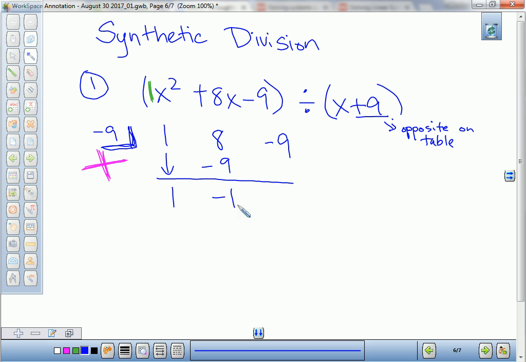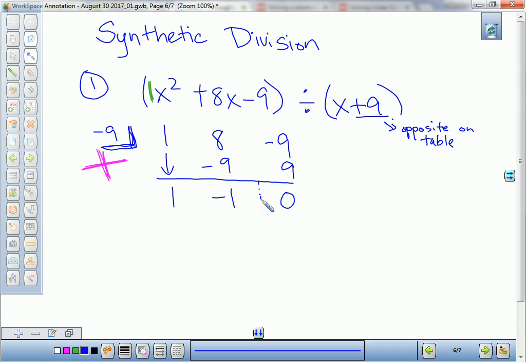Then we do it again. We take what's on the table and we multiply it times this number. And that makes positive 9. And it goes right there. And then we add. Negative 9 plus 9 is 0.